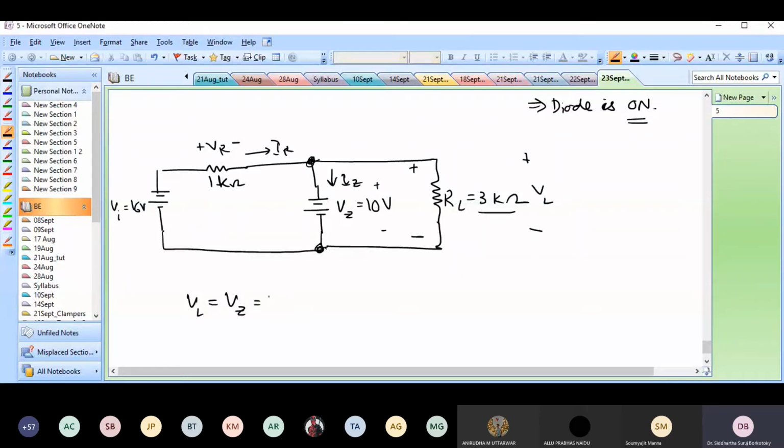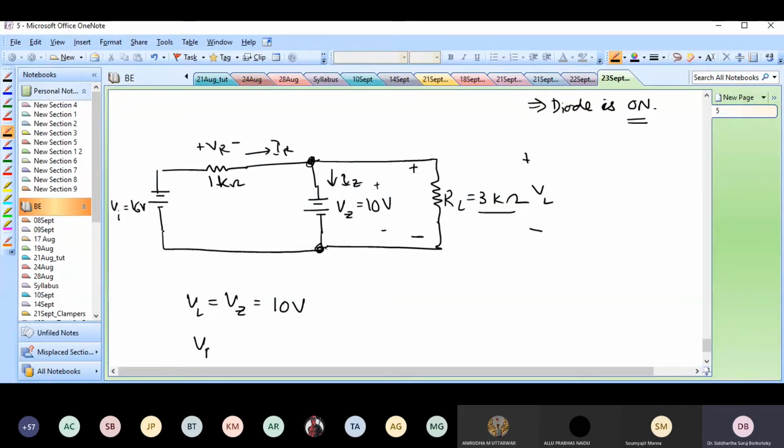If you take two connected terminals, connecting two parallel wires, the voltage across the two terminals is one single value, and that voltage will show up across the diode and across the resistor. We know that the diode voltage has to be 10 volts, so the load voltage has to be 10 volts.